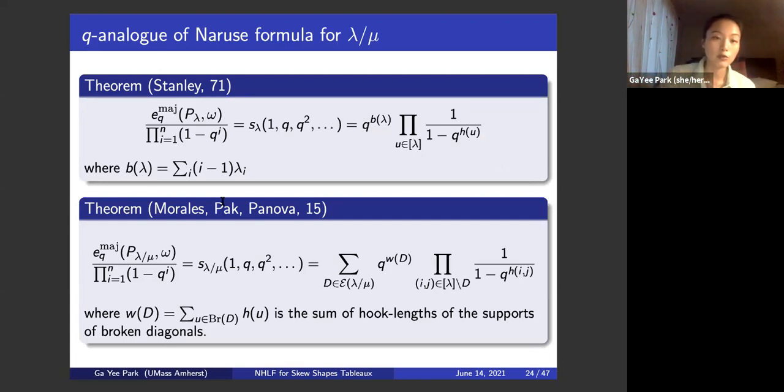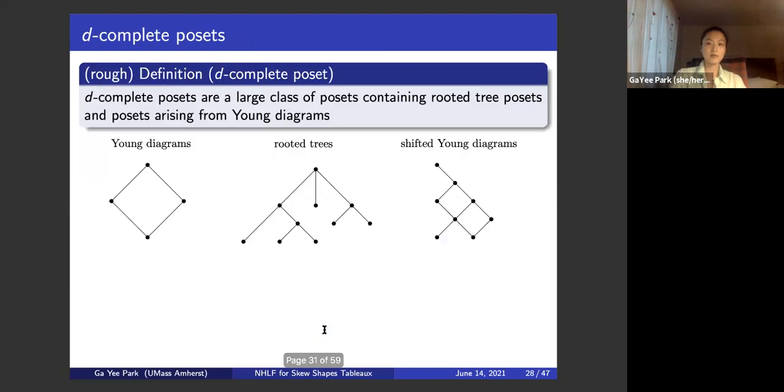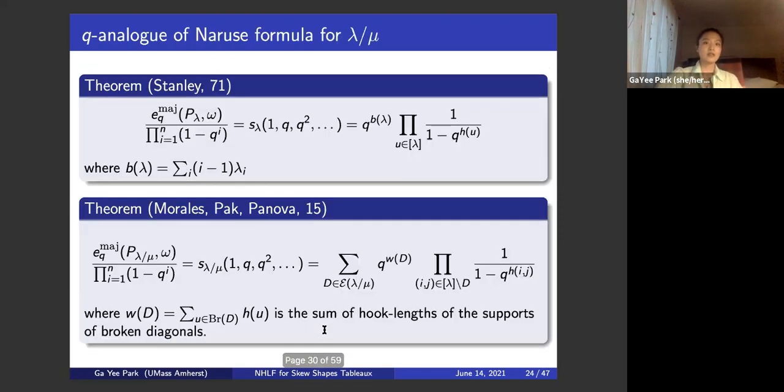And this is also true for skew shape as well. So basically, this is to show that posets derived from Young diagrams can be related to tableaux by having these product formulas.